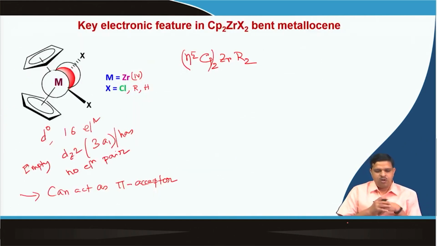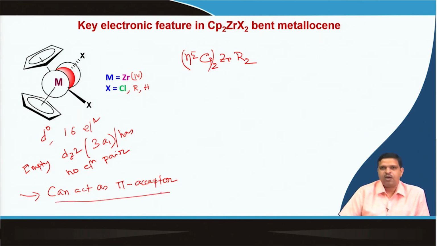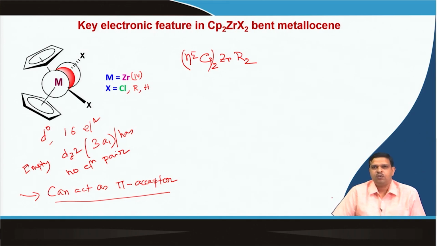So, from here you saw that it has an empty dz square type of orbital, that is the 3a1 orbital, and this orbital can act as a pi acceptor for ligands like ethylene. That is very important to understand, and for this we discussed in a systematic way using the molecular orbitals or SALC approach.